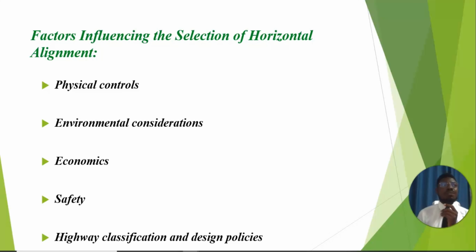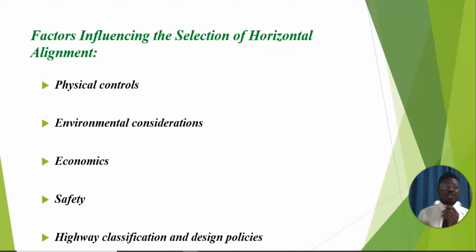We have to be able to know the effects on maybe adjacent land use, the community impacts. We need to know the ecological sensitivity area. Having a good understanding of the ecology, the community and the land use. So these are some of the environmental considerations we need to look at when selecting the horizontal alignment.